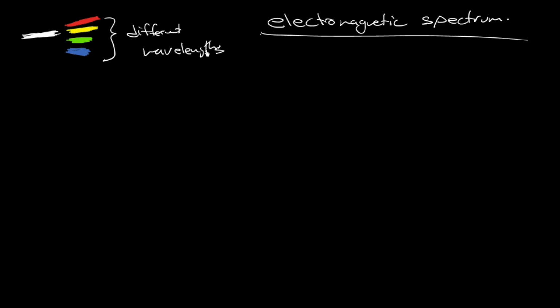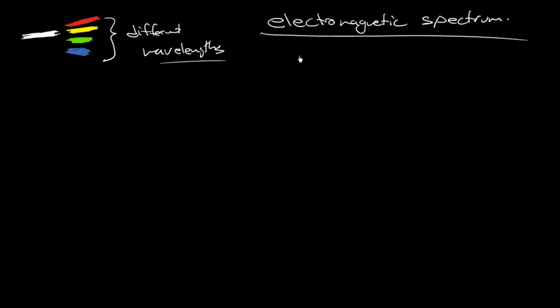In fact, it's all part of what we call the electromagnetic spectrum. And it's just that visible light is a small range of it that our eyes are able to detect. So the whole spectrum covers a wide range of different wavelengths.